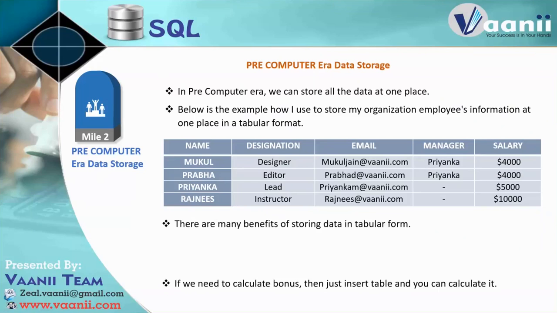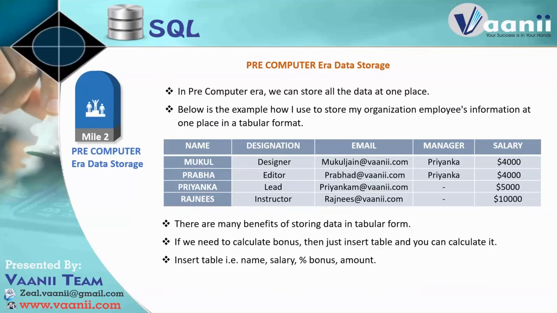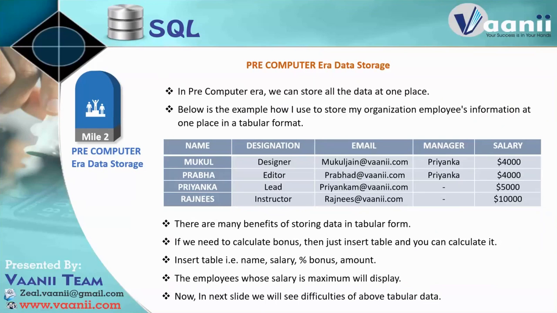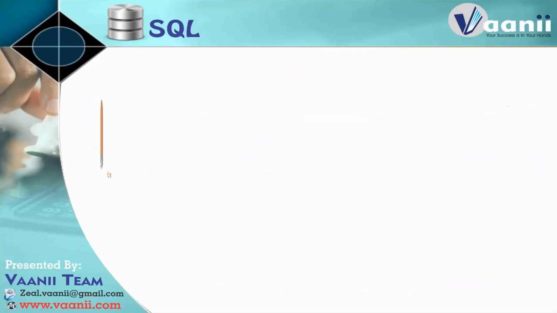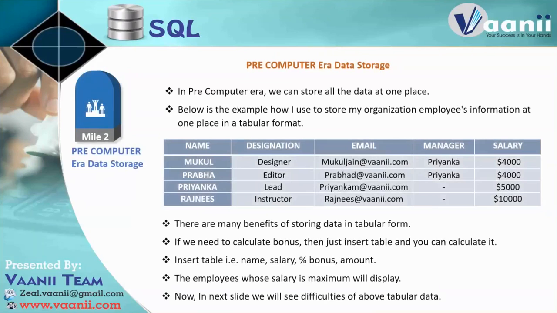Once the computer system came, people started data storage in terms of files and notepad and all these things. This tabular form, people started storing in computer, like in a file and all.